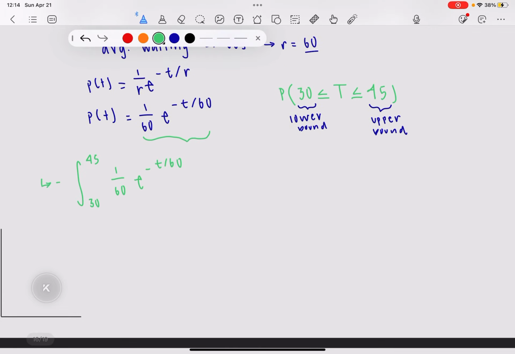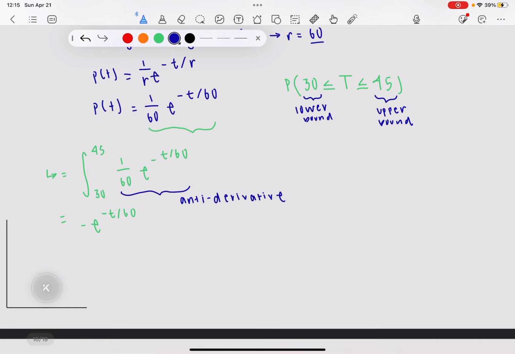So I'll go like this, and then that's going to equal negative e to negative t over 60 once you take the antiderivative of that. If you don't know how to do that, there should be a formula sheet with the derivatives and the antiderivatives that you can take from that. So we know that this is just going to be this taken out front, and that's going to cancel out basically, and you're left with this.